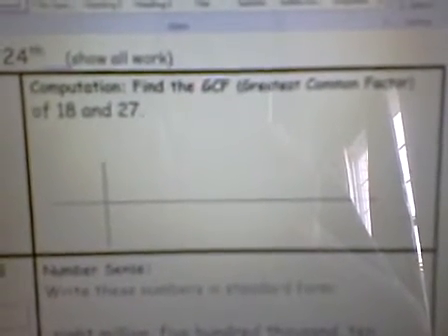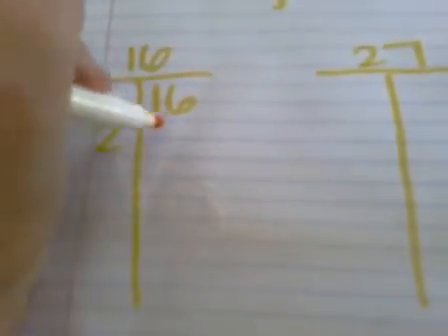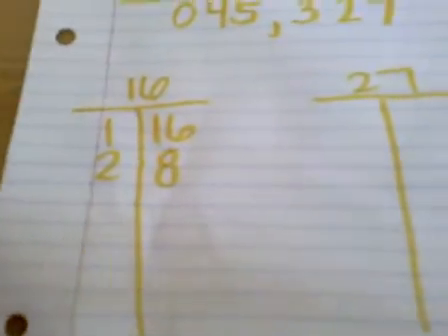Next question says, find the GCF, the greatest common factor of 18 and 27. So when I see the word factor, I'm thinking factor, factor, rainbow. So I'm going to show my work and find all the factors of 18. First is 1 and 18. It's even, so 2 goes into it. 2 and 9.